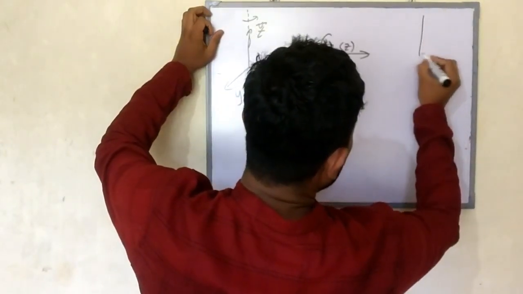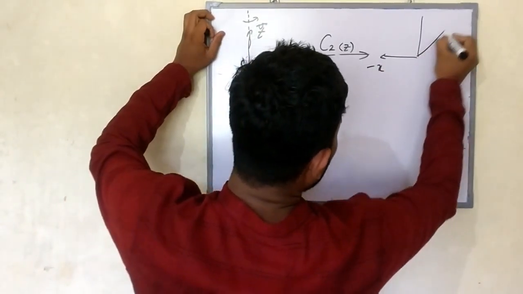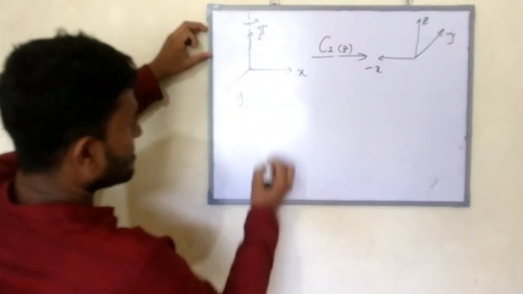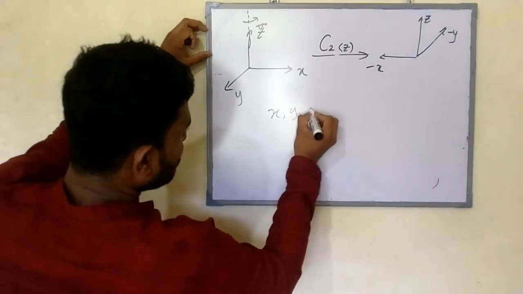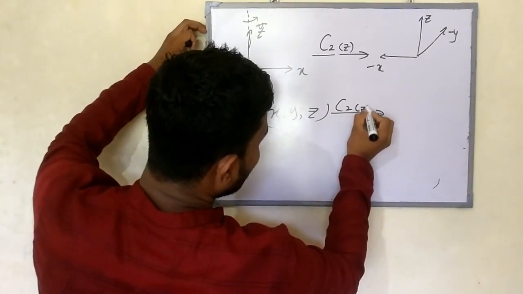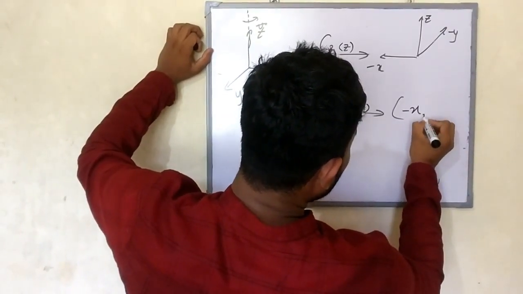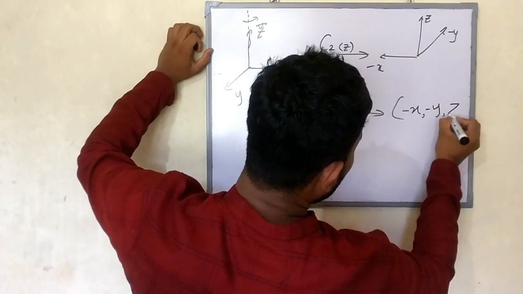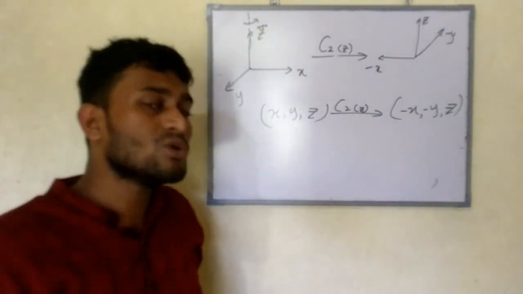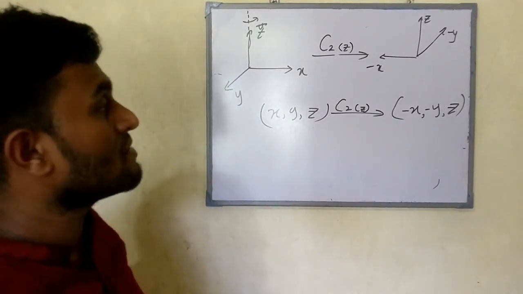So your configuration will be here minus x, here minus y, and this is z. So you can write x, y, z. After the operation C2(z), it will be minus x, minus y, and z. So this is the answer. So you can think about how the S2 operation will come.